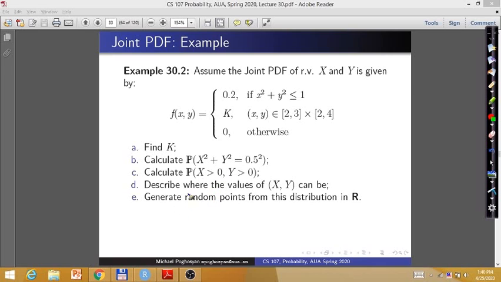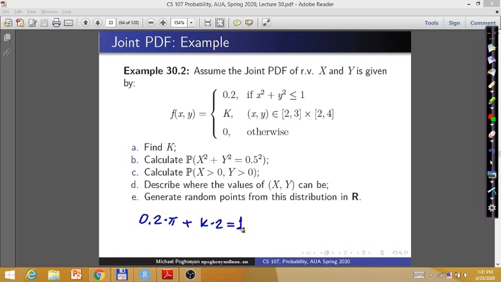The integral of f over the total R2 needs to be 1. So the volume under this is 1. That volume under f consists of 2 volumes: the volume of a cylinder with height 0.2 and the base of a unit disk, whose area is pi, plus k times the area of this rectangle, which is 2.